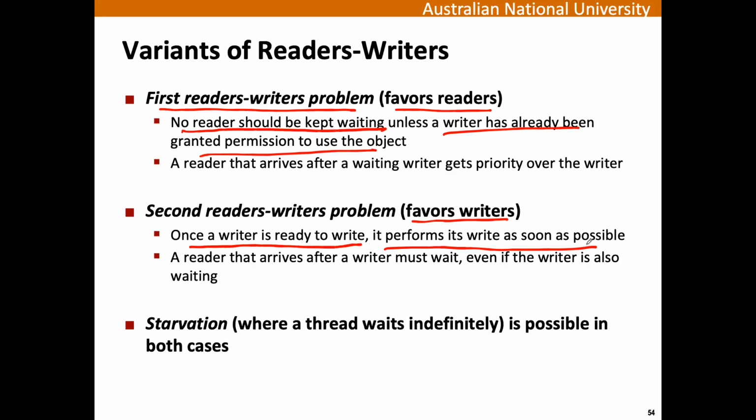So if the writers are waiting and the readers are waiting, we prioritize the writers. And in both cases, starvation is possible. If you always prioritize readers and you have readers that keep coming, the writers will never have a chance to do their work. And that's starvation with respect to writers.